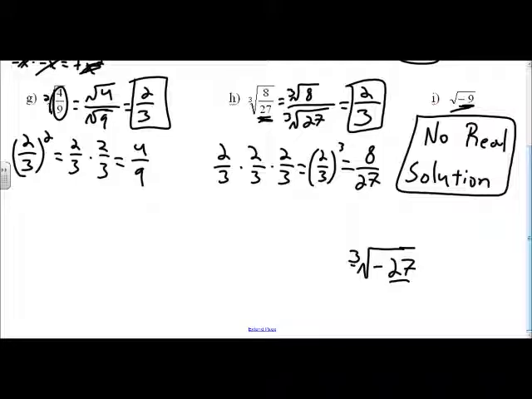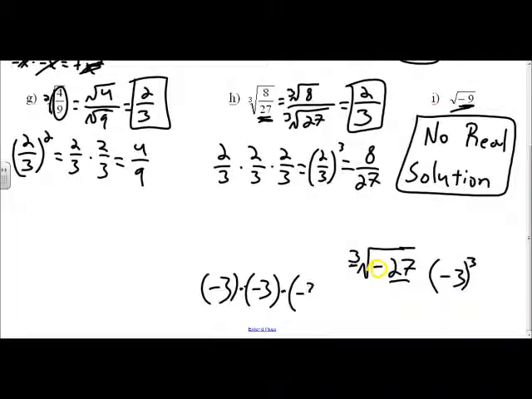We notice that 27 is 3 cubed. But since we're working with a negative 27, we would say in this case that it would be negative 3 cubed.